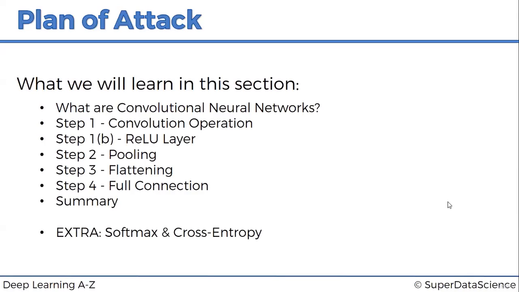Finally, we will have a summary of everything we have talked about. As an extra feature in this section, I have included softmax and cross-entropy. These are terms you will come across when dealing with convolutional neural networks. So let's start with the first part, convolutional neural networks.